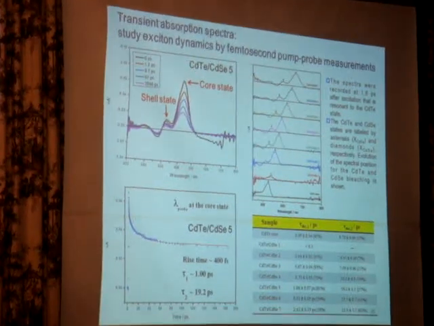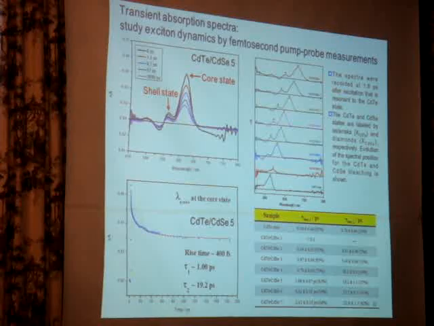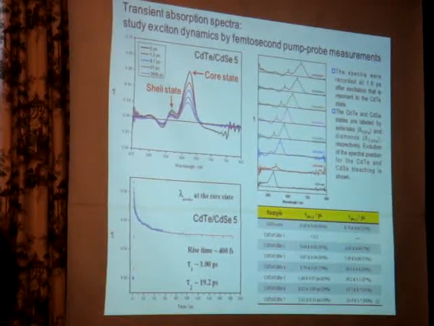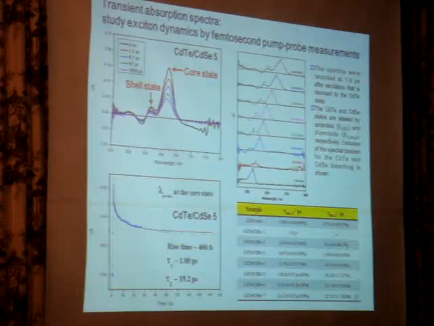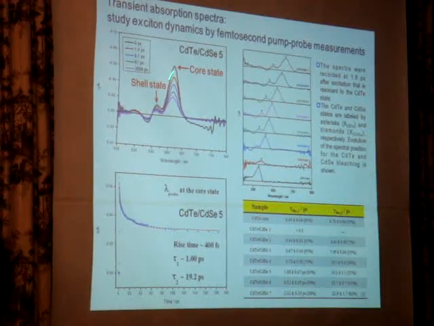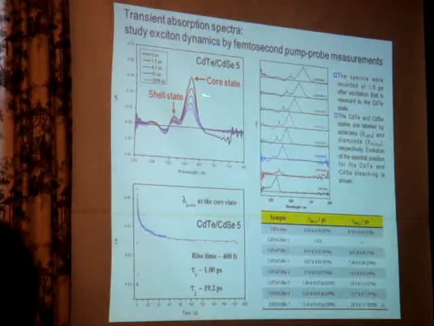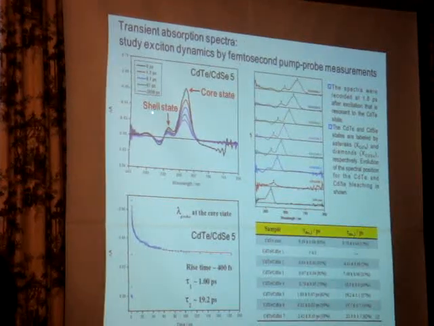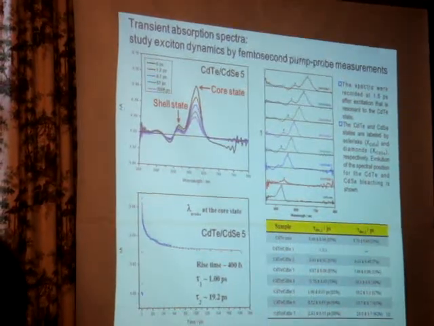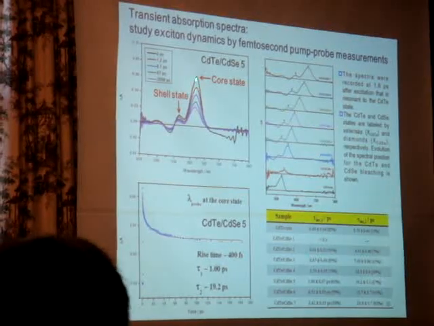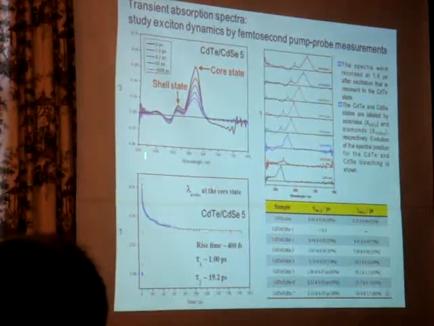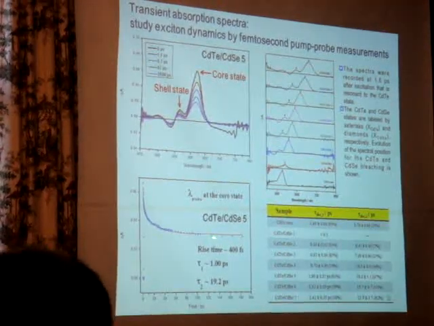This figure shows the typical transient absorption spectra in my core shell nanoparticles. The strongest one is the core state signal, and the shoulder is the shell state signal. As I excite the core state, I probe the relaxation at the core state.